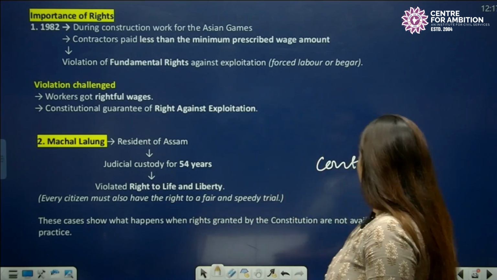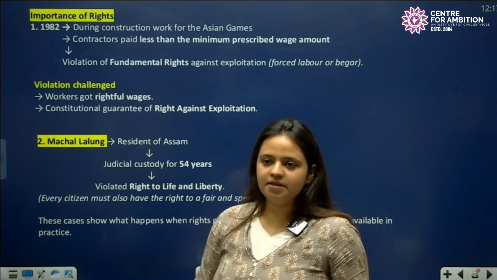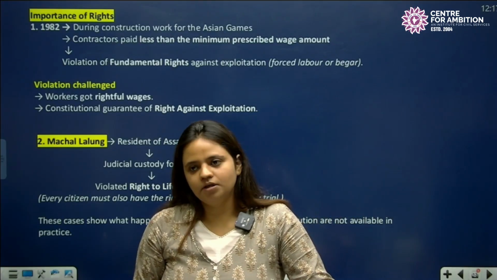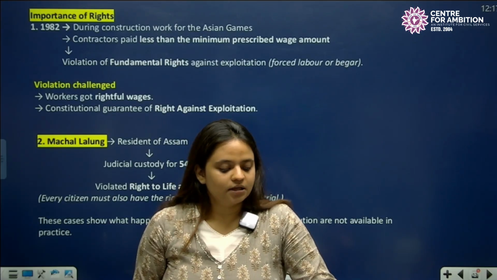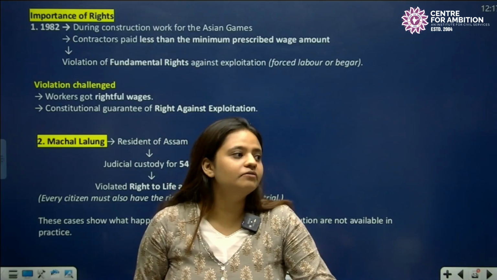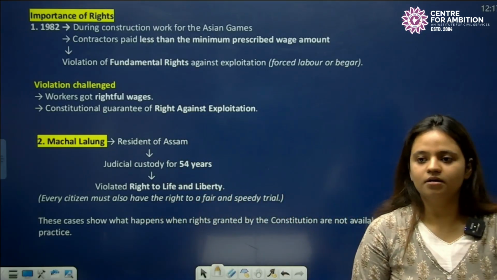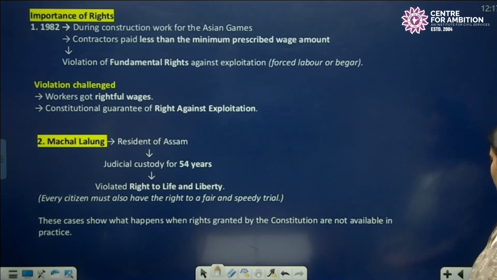Okay, so when I say that the constitution limits the power of the state to ensure a democratic system so that every citizen can enjoy certain rights, it means that rights are very important for an individual to experience liberty.